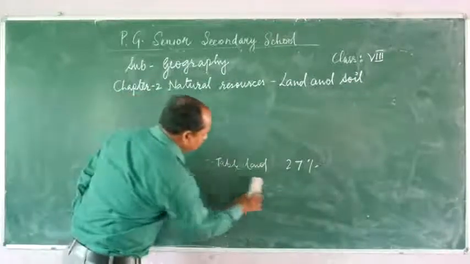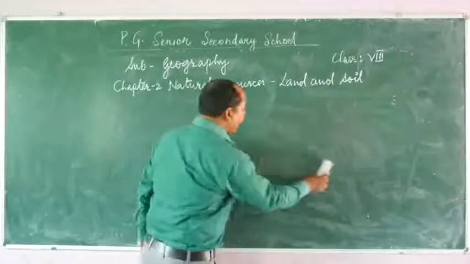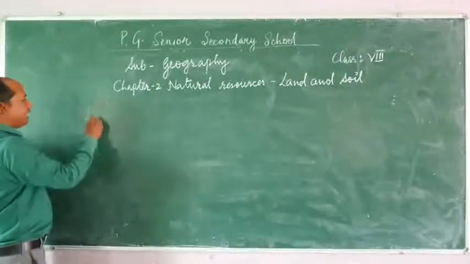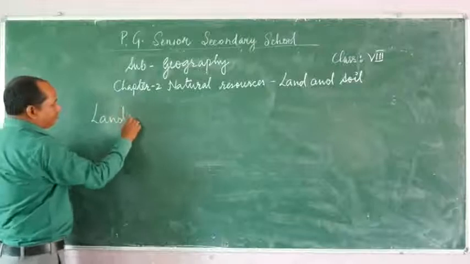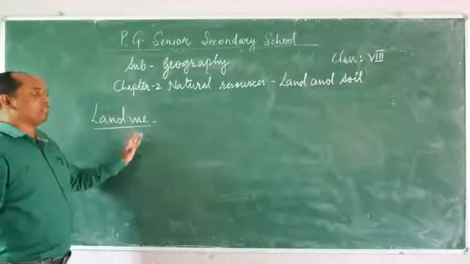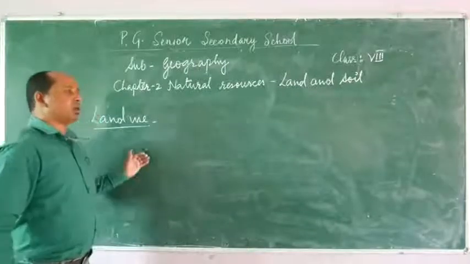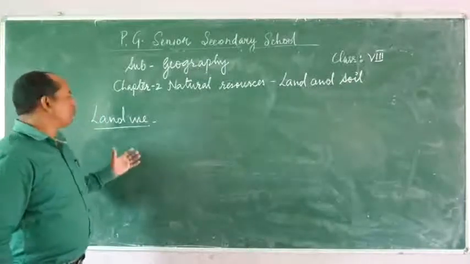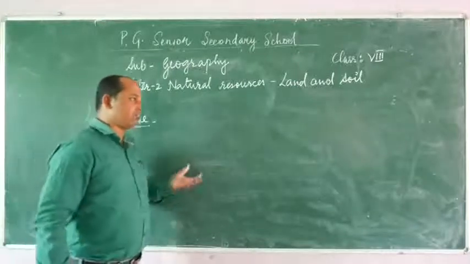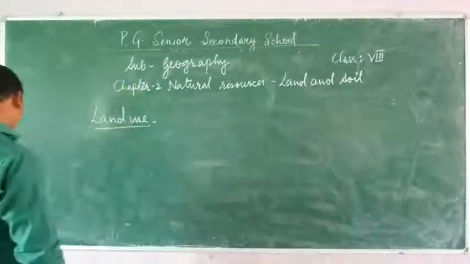Dear students, land use pattern or land use means how we are using the land. We can use the land for agricultural purposes, commercial purposes, construction purposes, for forest, for pasture and a lot of things.